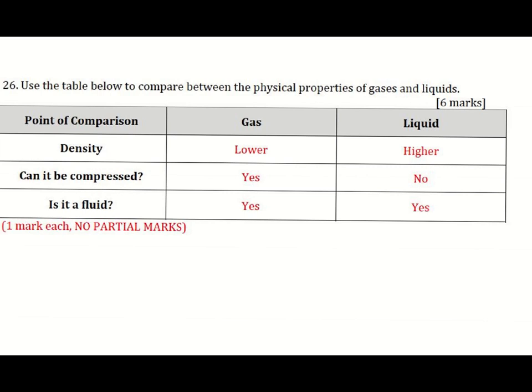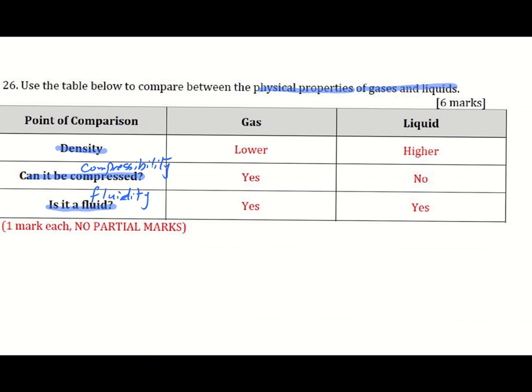This question is very simple. You are asked here to compare the physical properties of gas and liquids. The points of comparison are density, compressibility, and fluidity. Compressibility means the ability to be compressed, and fluidity means it can flow.